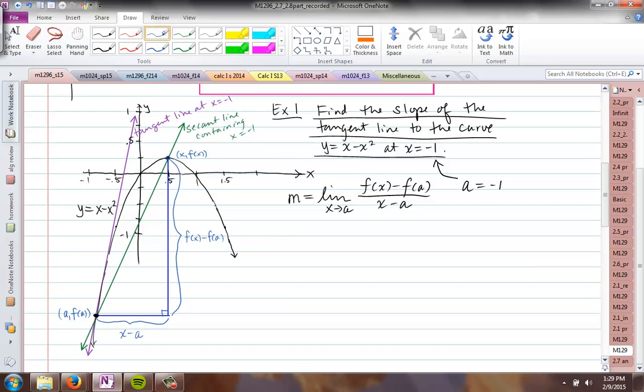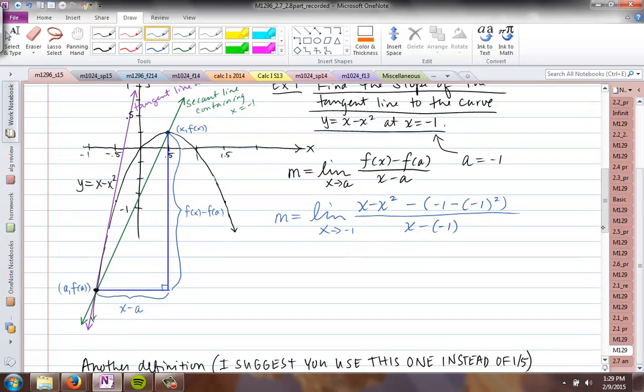So actually, let's start writing that in. x is going to -1, and we're going to leave our f of x in general, but I'm going to write in our function, that's important, x minus x squared, minus f of a. I'm going to plug -1 into our function, so it's going to be -1 minus parentheses -1 squared, and that's all over x minus -1.